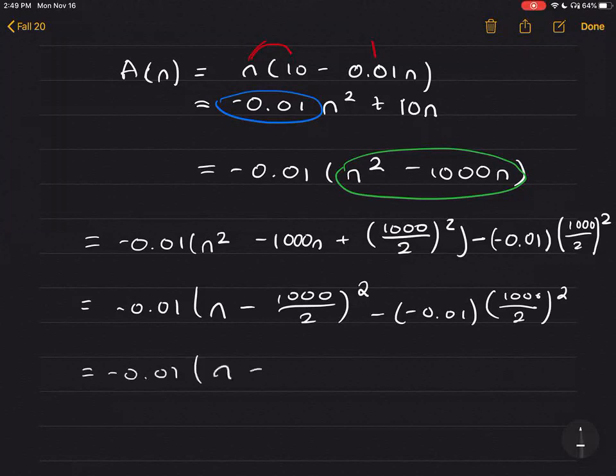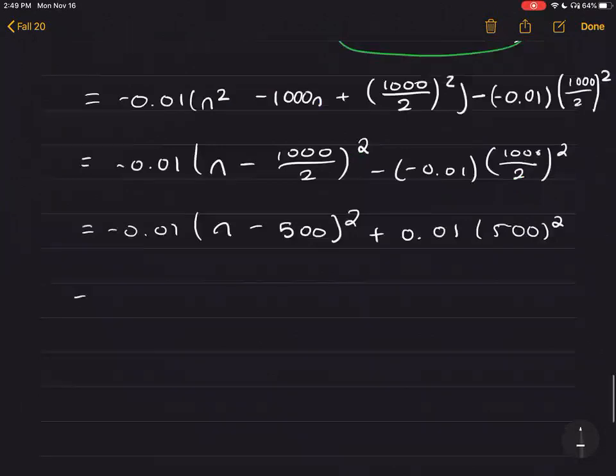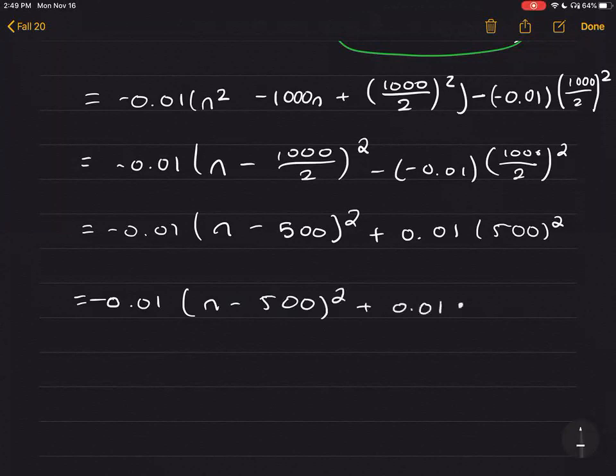So this is 500. And then this becomes plus, minus is plus 0.01. And then this is 500 squared. And minus 500 plus, and then 500 squared is going to be 25 and then 4 zeros behind it.